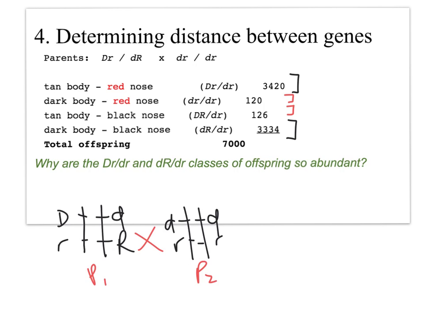And in this problem we've set up two physical characteristics, one for body color and one for nose color. In this case, the tan body is represented by the dominant D. So if you had a big D, you'd be tan. If you had a lowercase d, you would be dark.